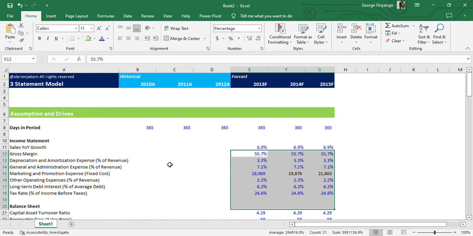So for us to see whether they are on track or they just guessed those values, we need to get the assumptions and drivers for the past 2 years and the current year.